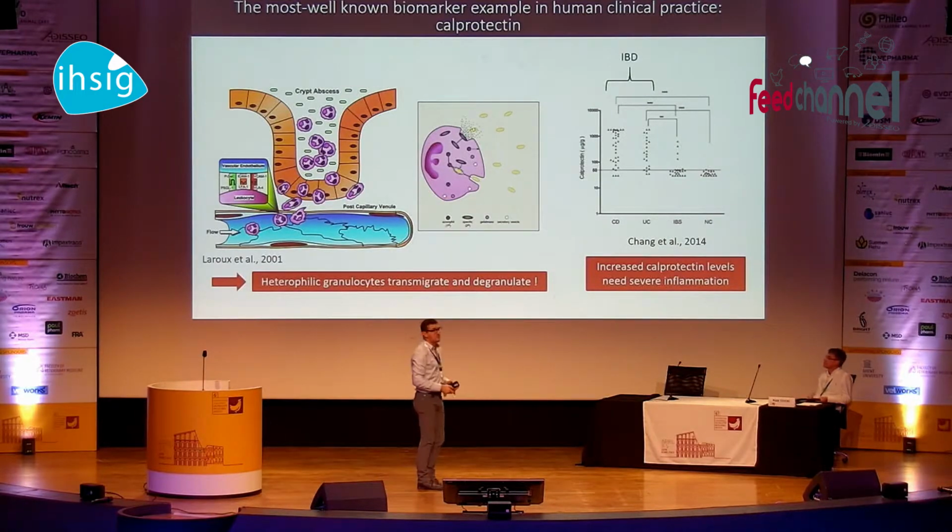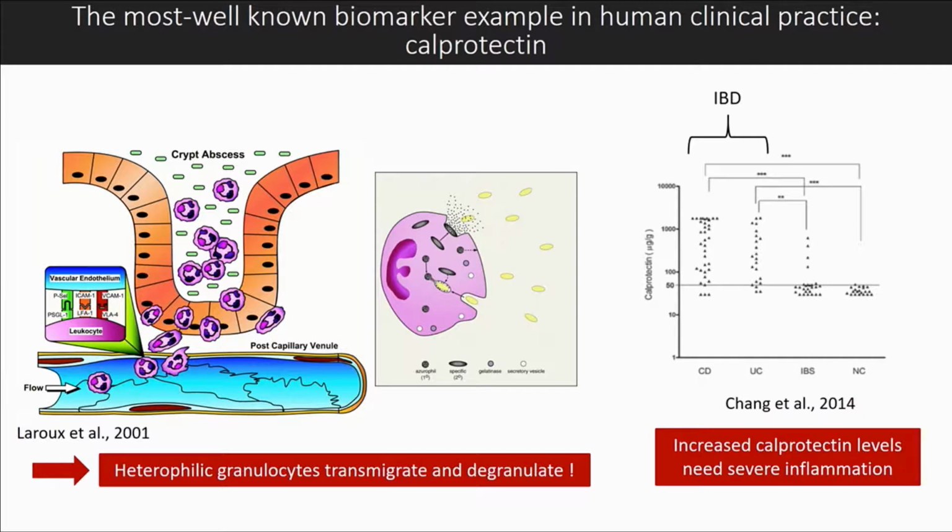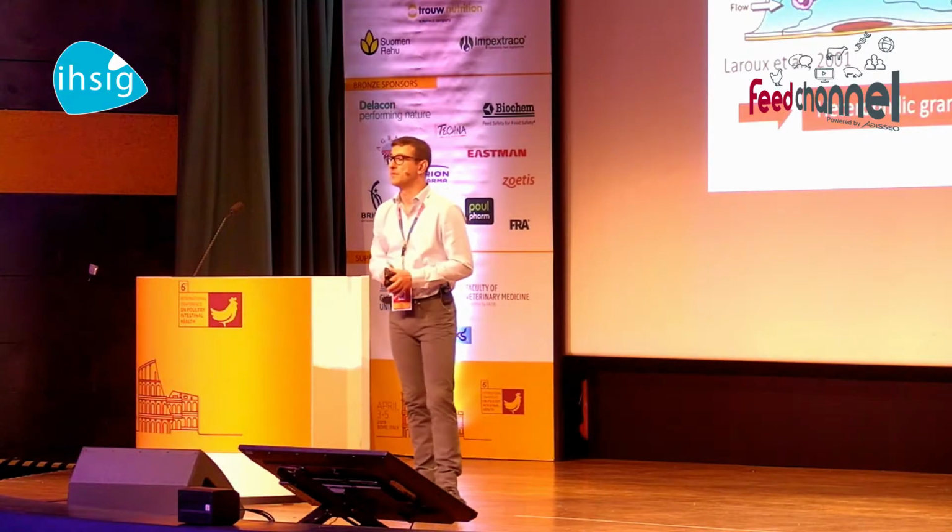What you can see here is that in cases of severe inflammation, you have very high levels. But in cases where there's something not normal, a bit of diarrhea, maybe a bit of constipation, just some limited problem, limited inflammation, you don't see any difference between this population and the control population. So you need really severe inflammation to be able to measure it.